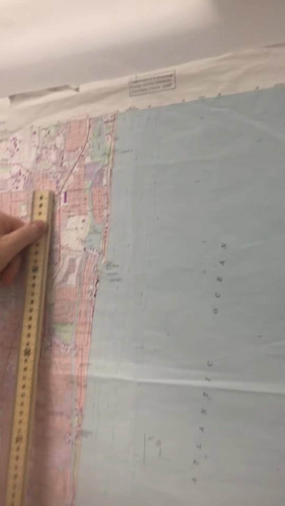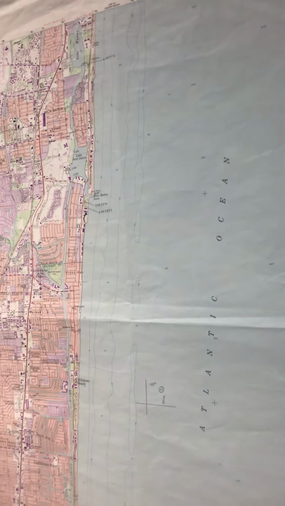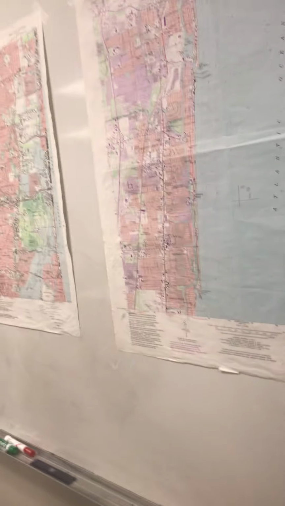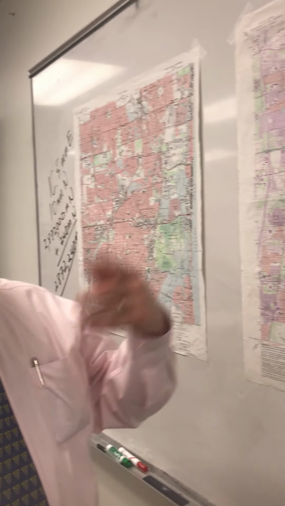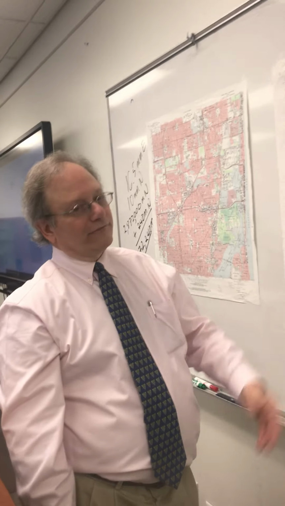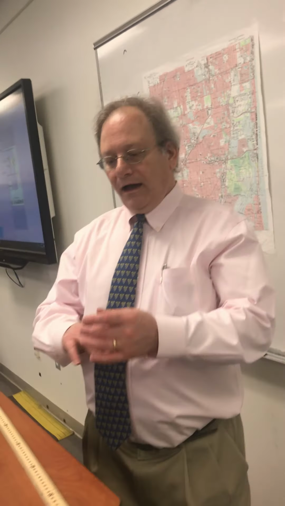Then you can measure from that line to whatever point you're interested in, okay? That's an additional complication that is disappearing as they print newer and newer maps, but it's been around for a long time.